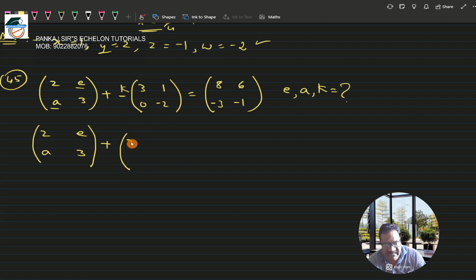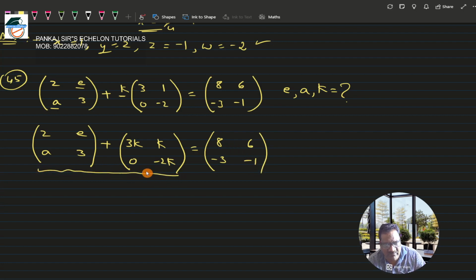So it will be 3K, 1K or rather K, 0 into K which is 0, and minus 2K, and this will be equal to 8, 6, minus 3, minus 12. Now let us add these two matrices. Since the order of both is the same, we can always do the addition. So corresponding elements you have to add. So it will be 2 plus 3K, then E plus K, then A plus 0 is A, and 3 minus 2K.